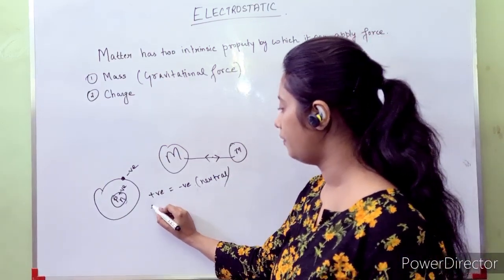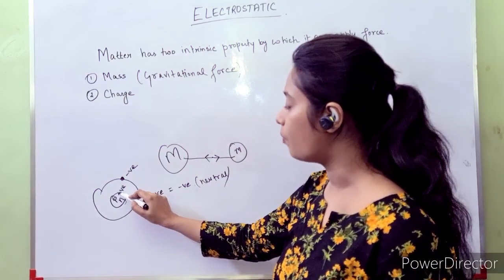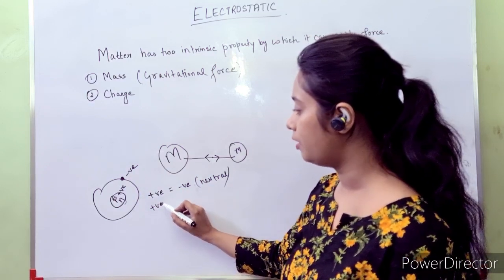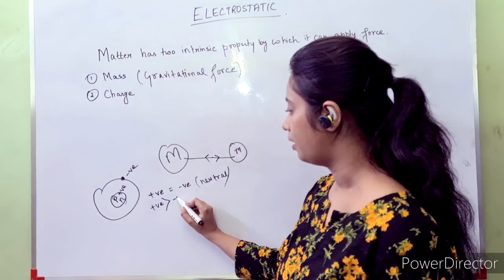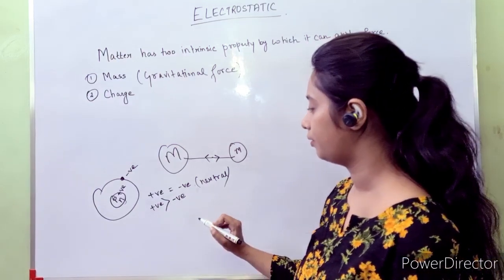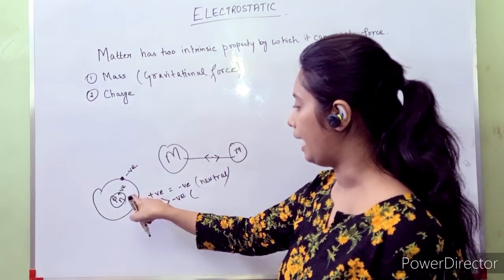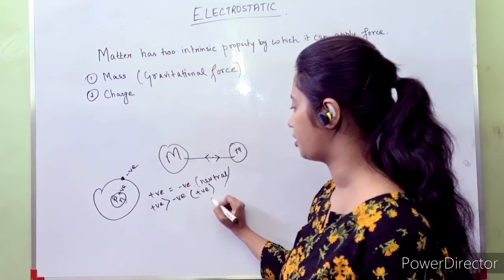If the number of protons is more than the number of electrons, then obviously positive charge is more than the negative charge. We will say that the atom is positively charged.